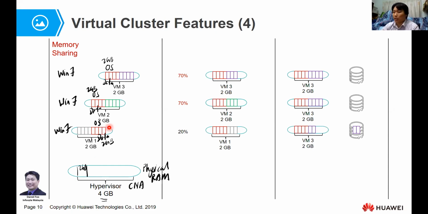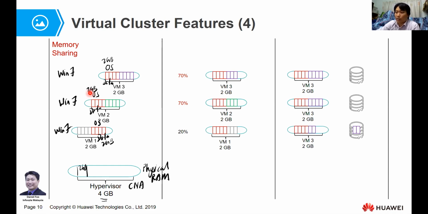Other data which is unique, you will see the color code here, green, purple, and black, these are unique data. Maybe this one is running Exchange, Outlook, this one is running Microsoft Office, and this one may be running another application. If the applications are not the same type, then they hold their own unique data, which requires extra space from the hypervisor physical RAM memory.